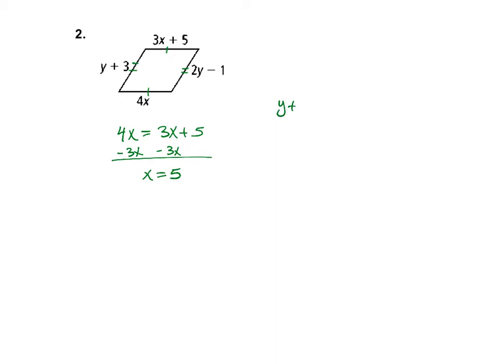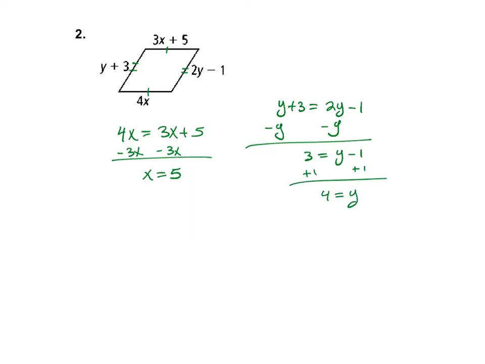So y plus 3 has to equal 2y minus 1. Minus y on both sides, so 3 equals y minus 1, plus 1 on both sides, so 4 equals y. So for this quadrilateral to be a parallelogram, x has to equal 5 and y has to equal 4.